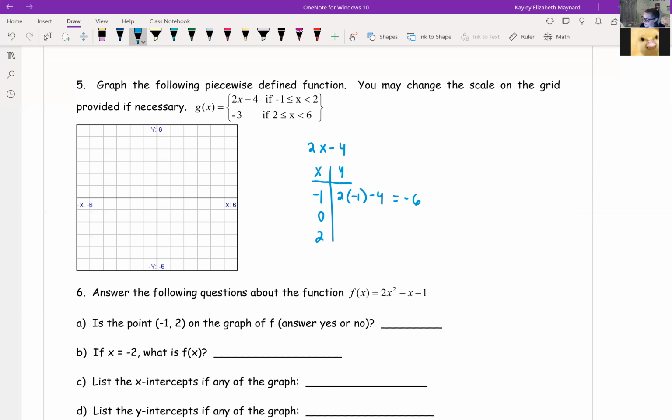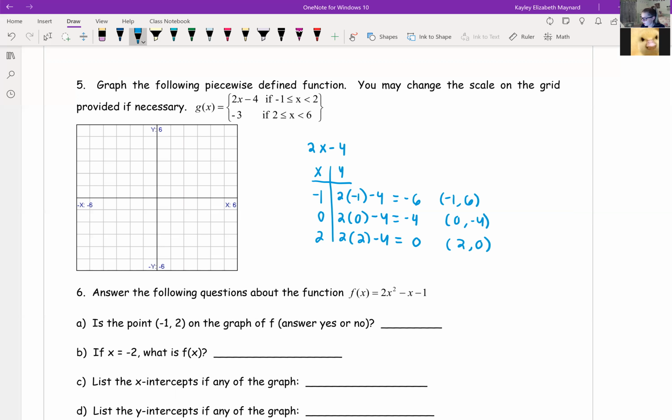When I plug in 0, I get 2 times 0 minus 4 is equal to -4. And when I plug in 2, I get 2 times 2 minus 4 is equal to 0. So now I've got some coordinates: -1, -6, 0, -4, and 2, 0.